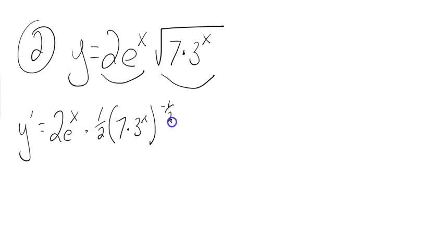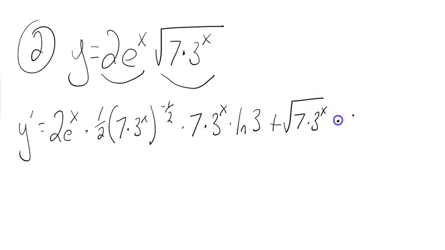To the negative 1/2, right? Times 7, you got to bring that down. Times 3 to the x times natural log of 3, correct? No, and I'll address that in just a minute. Plus second, which you could put it to the 1/2, or you could put it the way it is in the original problem. Derivative of the first, 2e to the x.